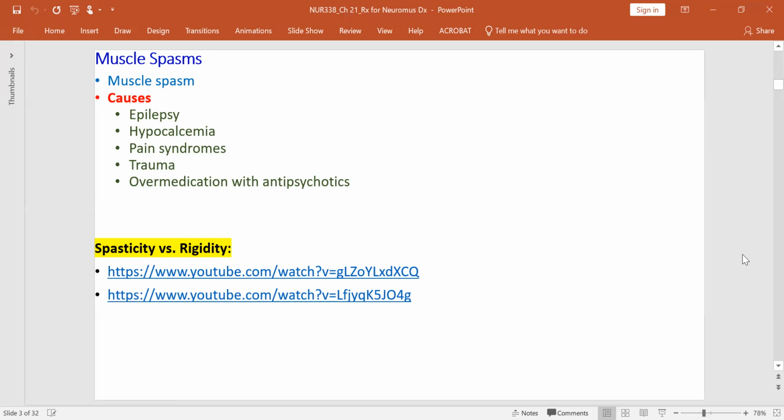Other causes are pain syndromes, either chronic or acute, and trauma due to excessive use or a local injury of the skeletal muscle. Over medication with antipsychotics.